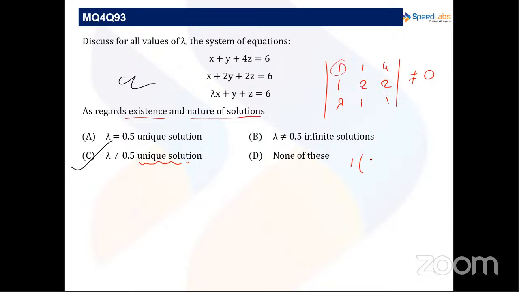So 1 into, minus 1 into 1 minus 4, plus lambda into 2 minus 8.